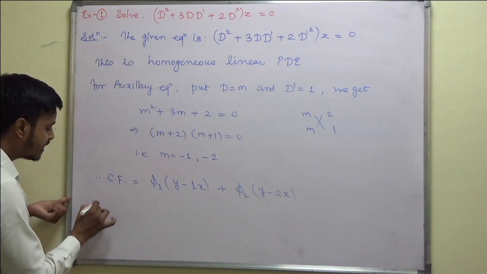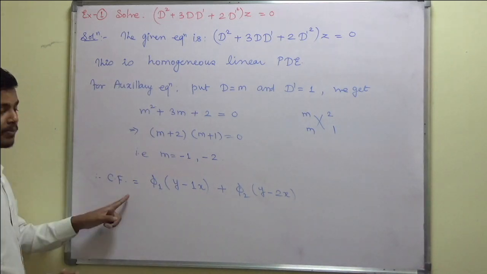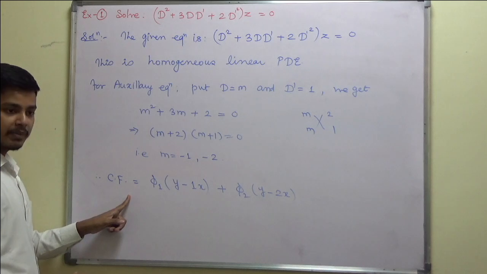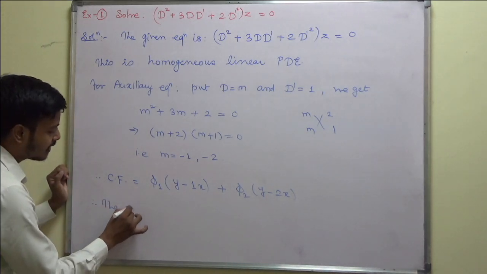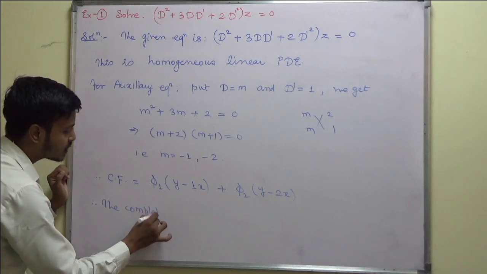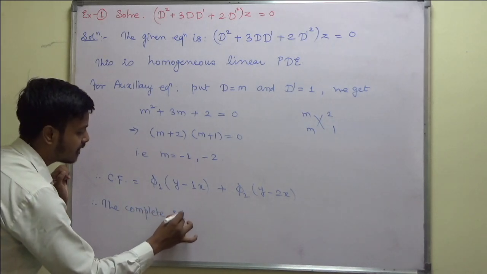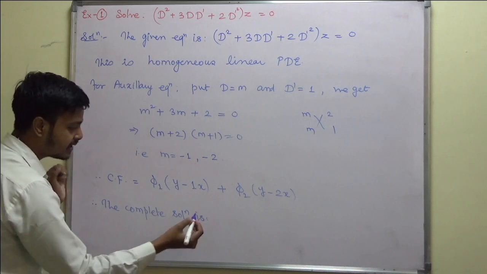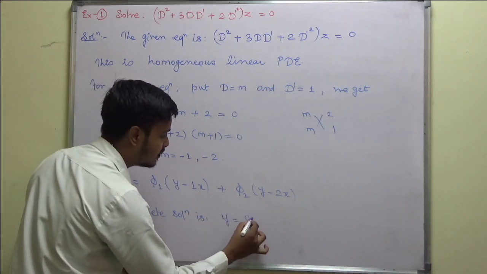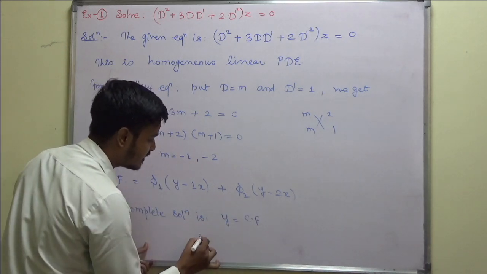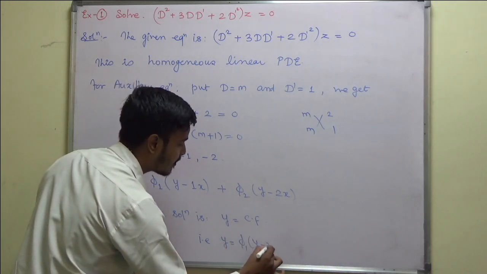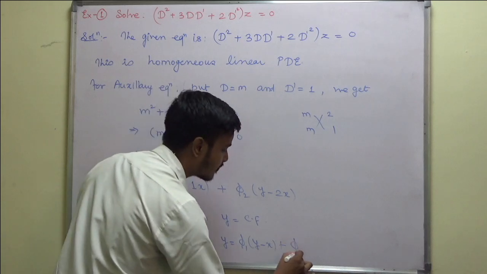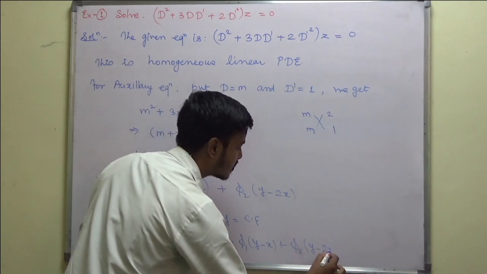Don't forget to write. Okay, this is just the complementary function. Therefore the complete solution is, what is it? z is equal to CF, that is z is equal to phi 1 of y minus x plus phi 2 of y minus 2x.